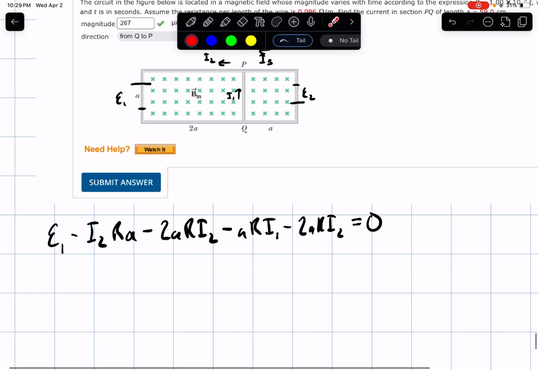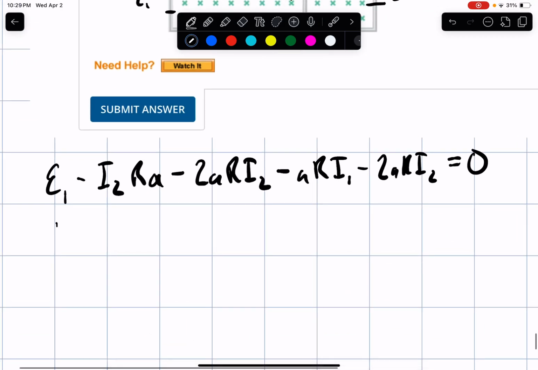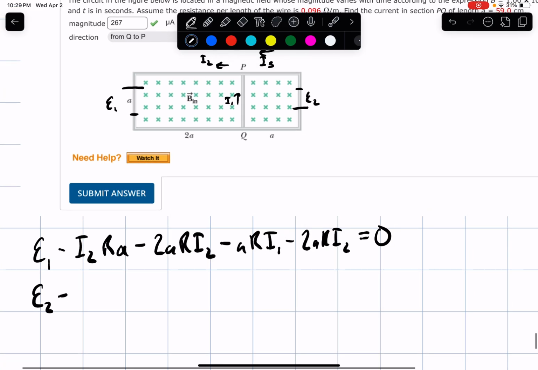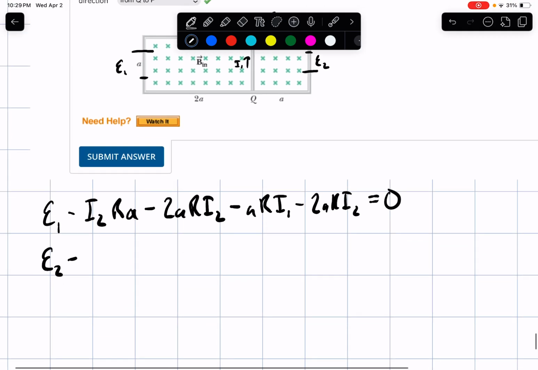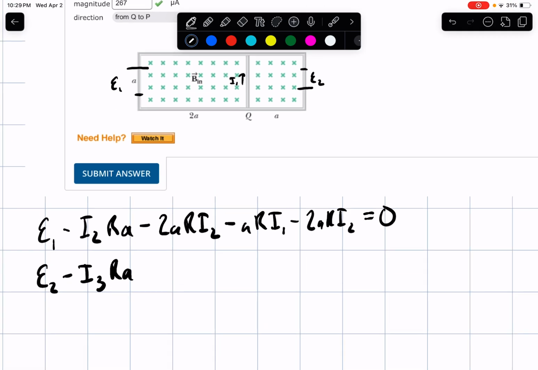Now we'll do the smaller circuit to the right, which we can have going this way. Start with EMF 2, and then for your first current, it would be I3, and it's of length a, so Ra.